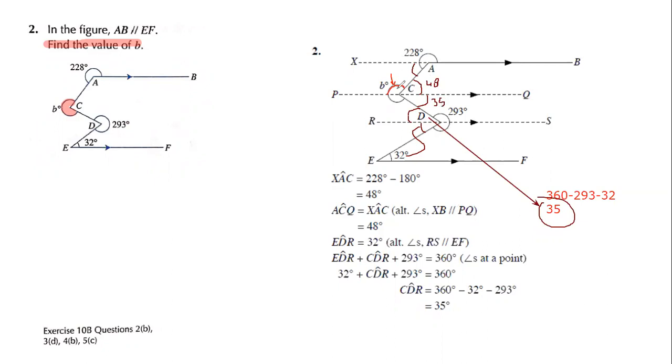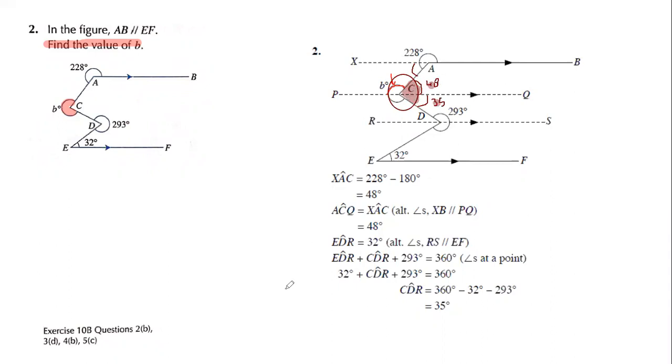Now I want to find the value of B. For that reason, I will assume that this total angle here is 360 degrees. And we have the value for this part, which is not B, of course, it is 48 plus 35.